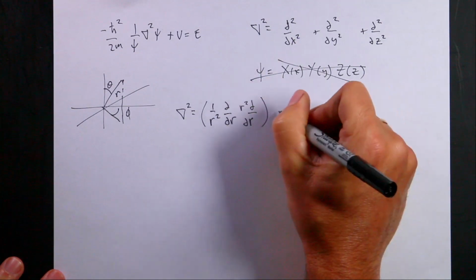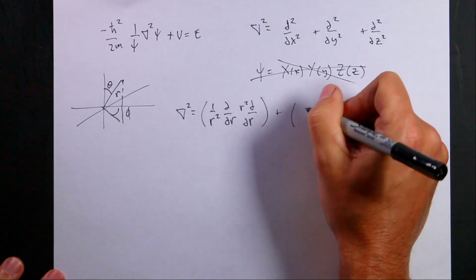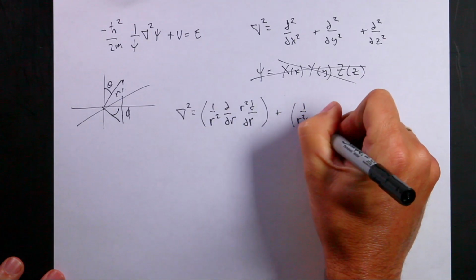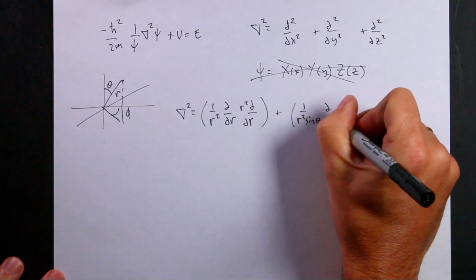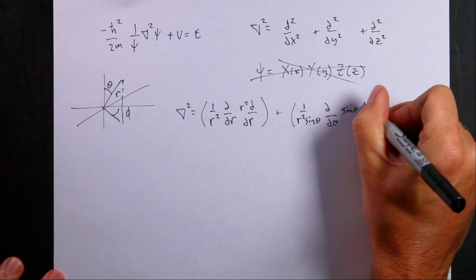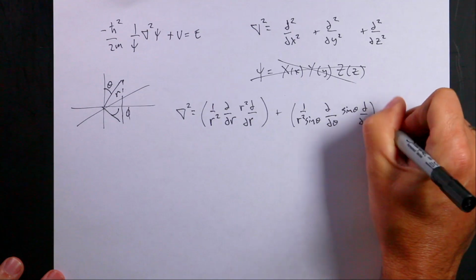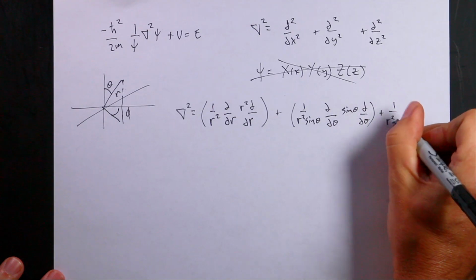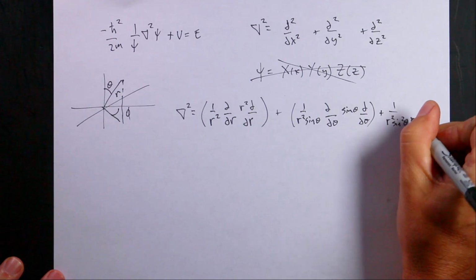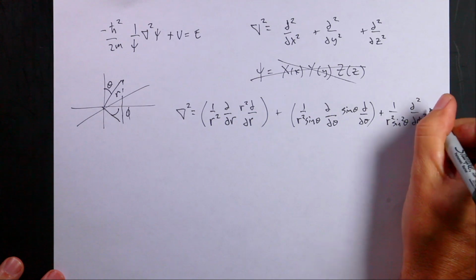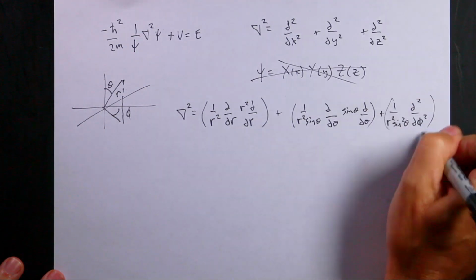For the next term, I get 1 over r squared sine theta, partial with respect to theta of sine theta times the partial with respect to theta. And then plus 1 over r squared sine squared theta, the second partial with respect to phi. That's the only one that is kind of nice. So that's my Laplacian.